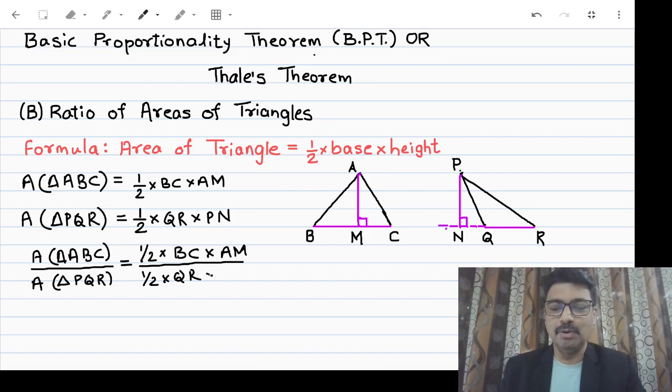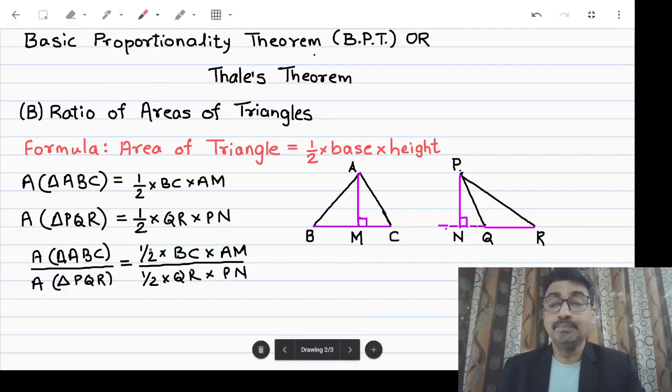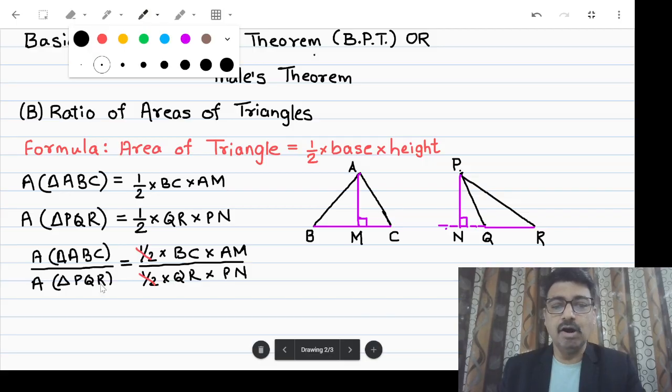Now if you observe, what can get cancelled from numerator and denominator? The rational number half can get cancelled.